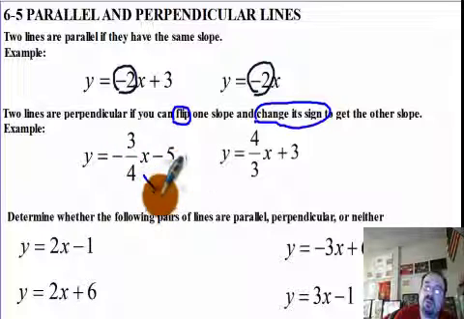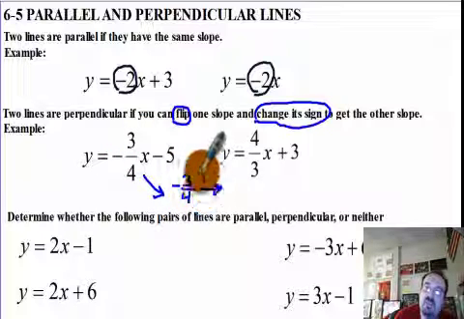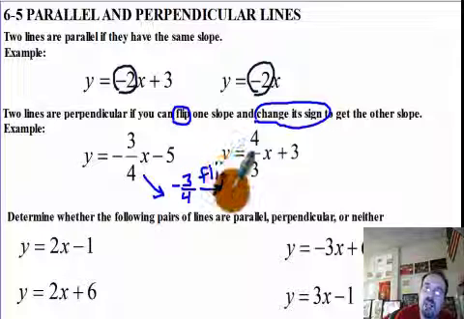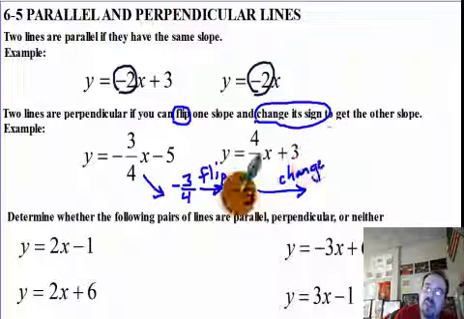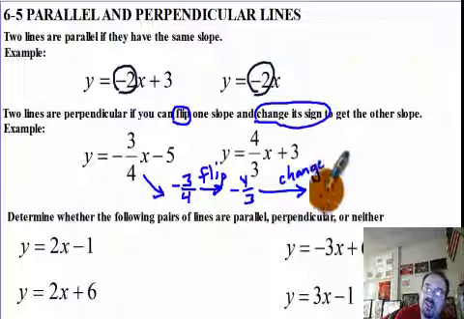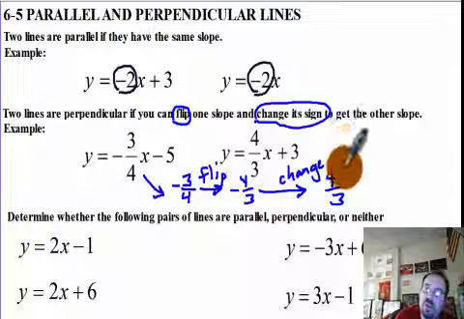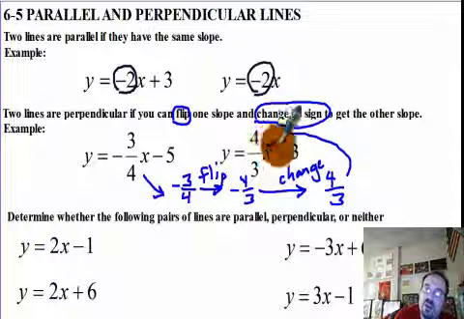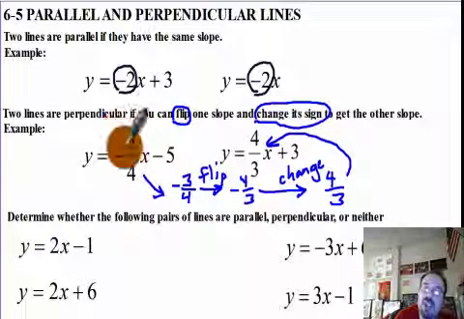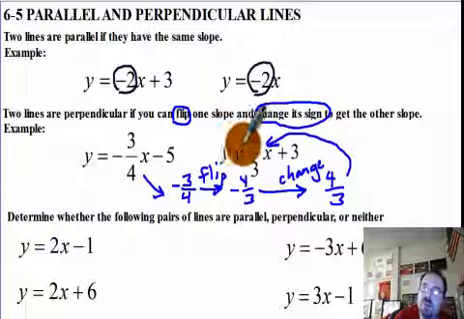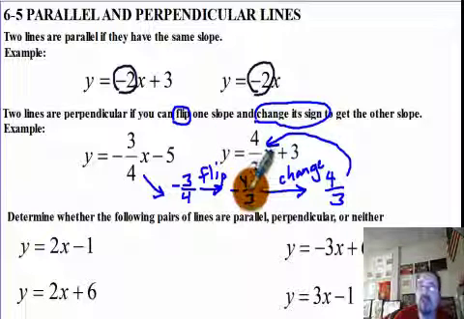So if you look at -3/4 here, if I flip it, I get -4/3, and then if I change the sign, in this case it was negative, so I make it positive, I get +4/3, and over here I have 4/3. That's the slope of my second line. So because flipping and changing the sign of one of the slopes gives me the other slope, they're perpendicular.